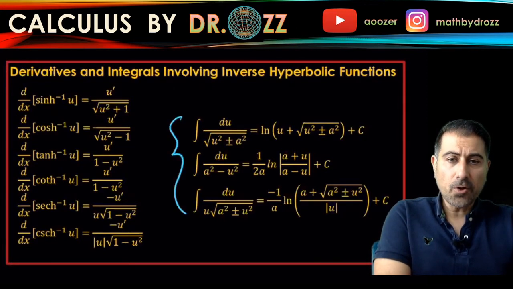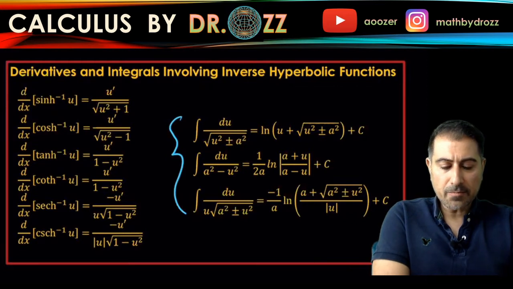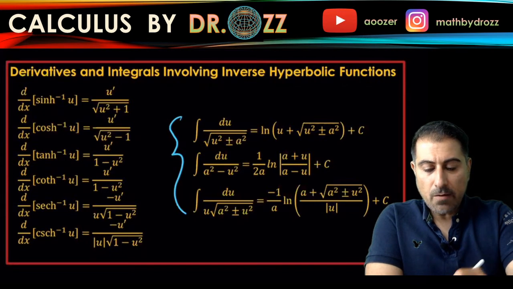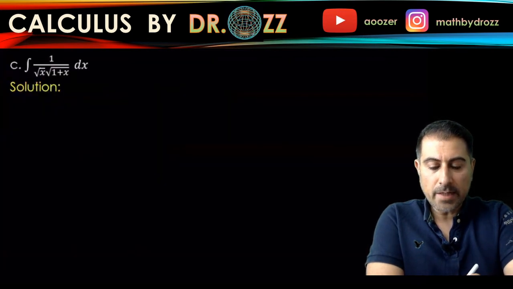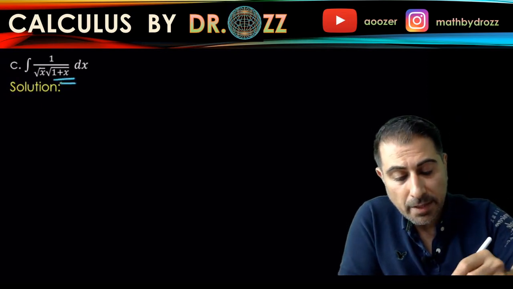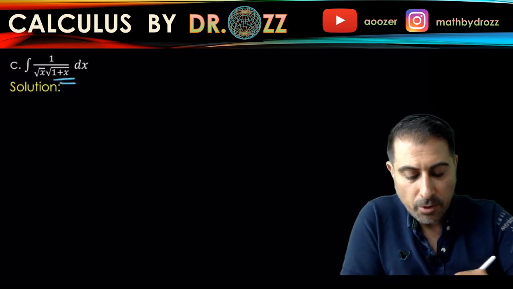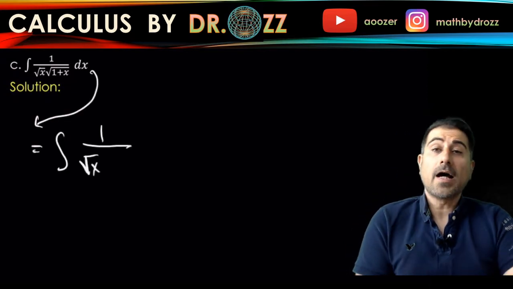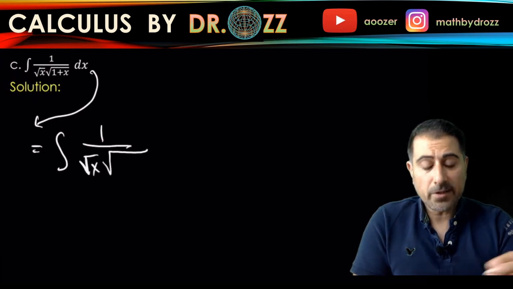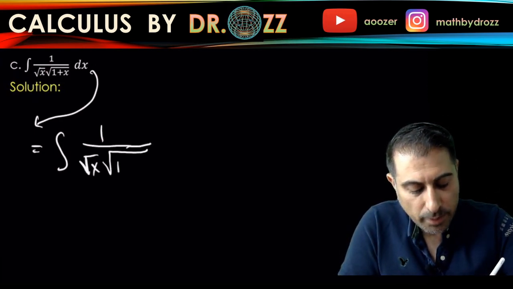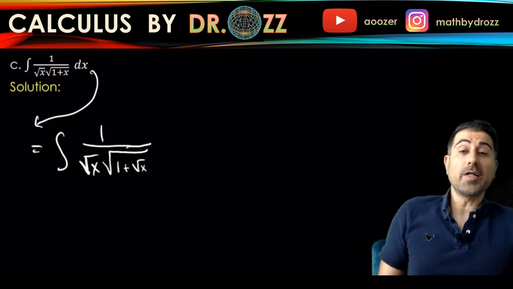Since we have 1 plus x in the bottom, going back to the table, we have 1 plus x here in the bottom, right? So this looks to me like the sum of squares, but you have to put it in that form first. So 1 over radical x, I'm going to put in the form of number squared plus variable squared, which is 1 squared plus radical x squared.